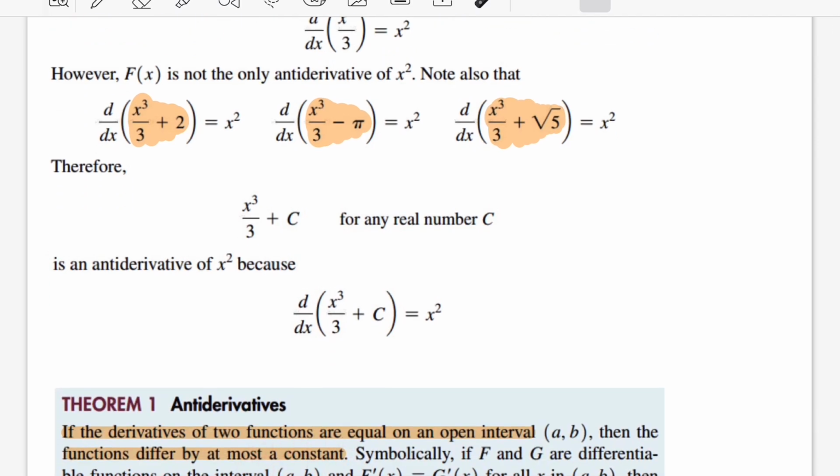So symbolically, if capital F and capital G are differentiable functions on some interval, and the derivatives of F and G are equal for all x in this interval, then F of x is going to be equal to G of x plus k for some constant k here.